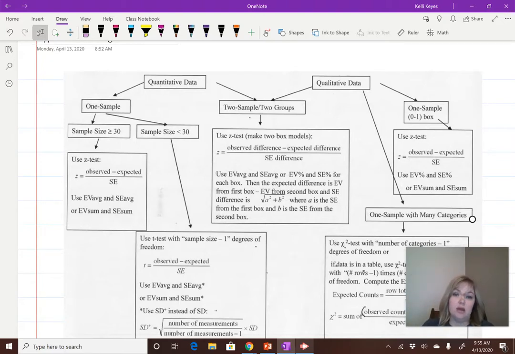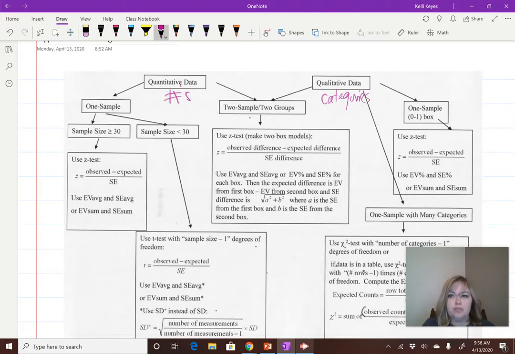study help. So first of all, when you look at a problem, you want to ask yourself, is this quantitative data or is it qualitative? Can we describe this with numbers, or are they in categories? That will help you first sort what type of test.